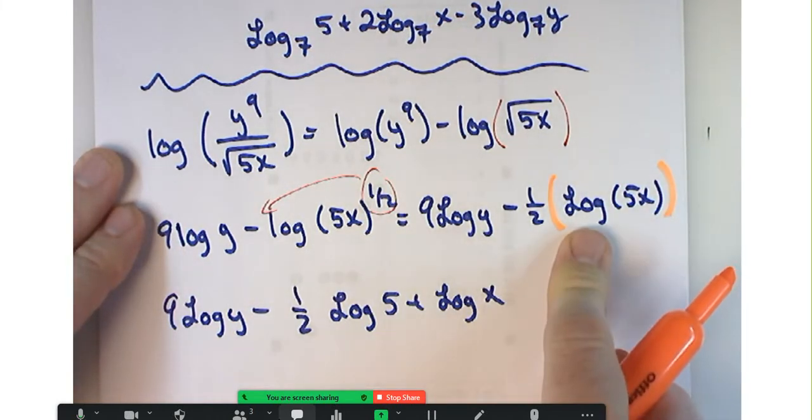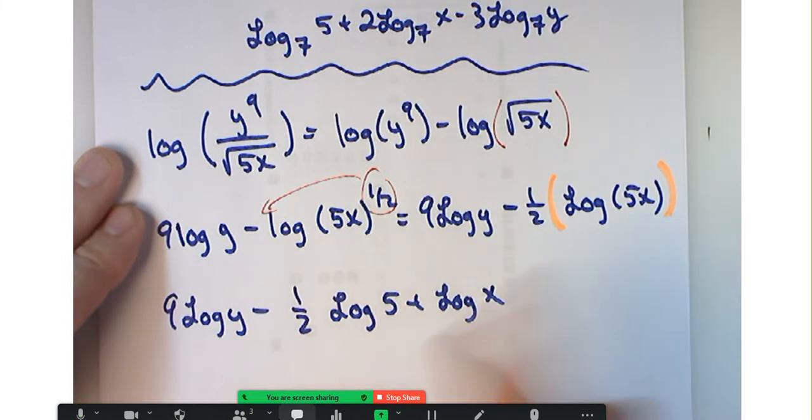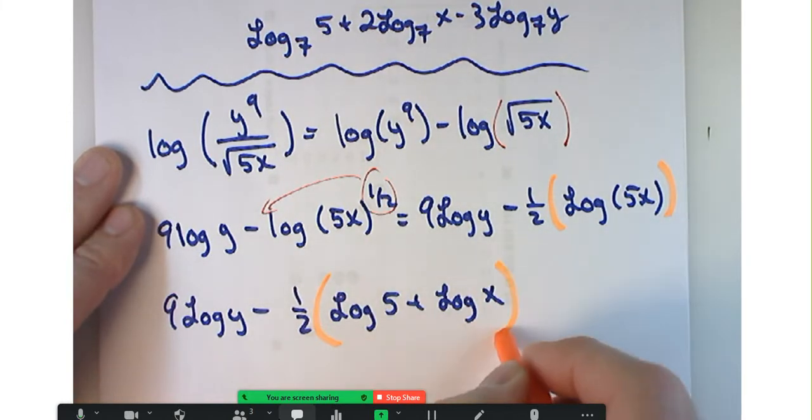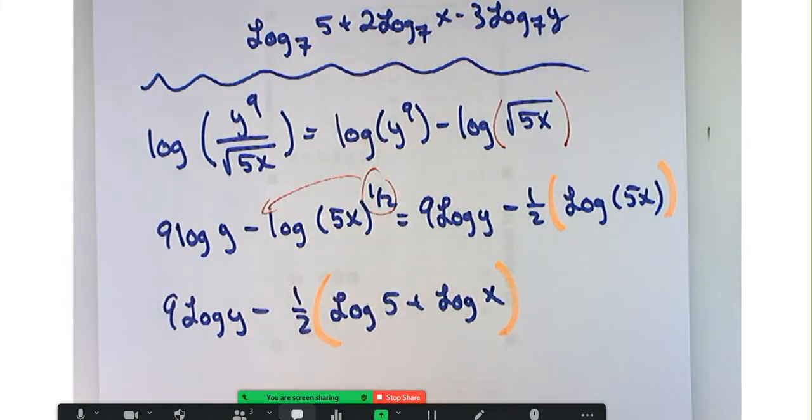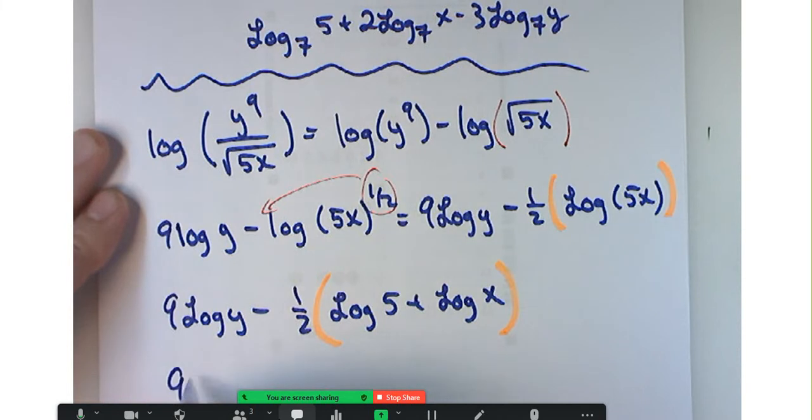But let's put this in parentheses. And that means I'll put that in parentheses here. So if I was to write this without parentheses, then that 1/2 has to distribute itself to both terms. 9 log y minus 1/2 log of 5.